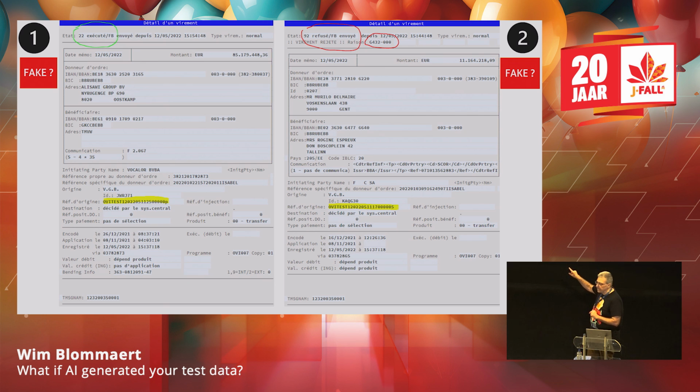So what we did, we added the word test in the identification, so we can make the distinction between what is the real payment data and what is the synthetic one or the fake one. Because yeah, it can get pretty difficult to make that distinction. So that gives you some idea, and I will talk more in detail about this project. It was a SEPA payments project that we did. So I will talk more about it, but it gives you an idea of what we're actually doing.